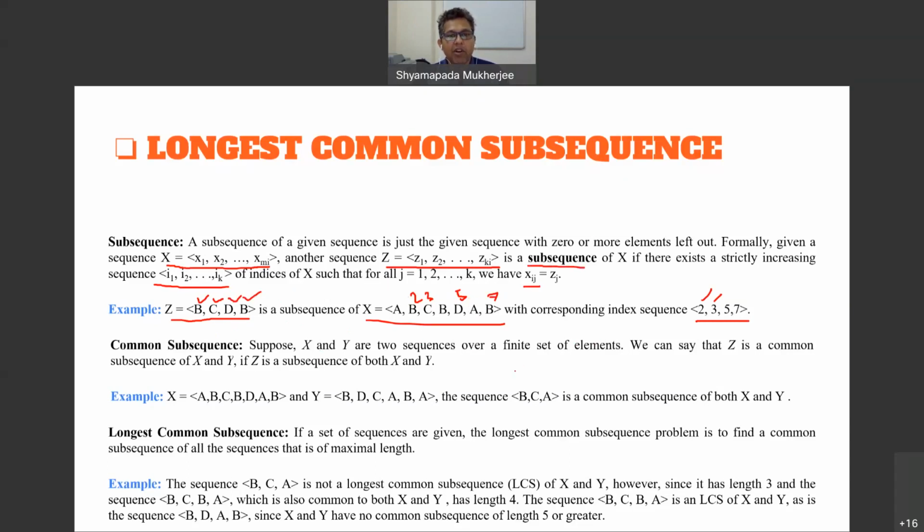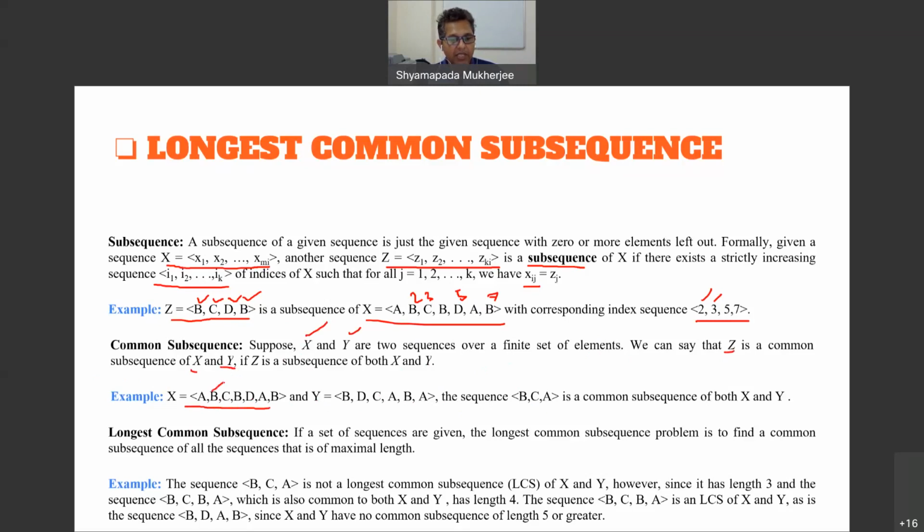Now common subsequences. We have two sequences X and Y, and then there is a subsequence Z which is common to both X and Y. So you can say Z is a common subsequence of both X and Y. In this example, X is A, B, C, B, D, A, and Y is B, D, C, A, B, A. Then you can say BCA is a common subsequence.